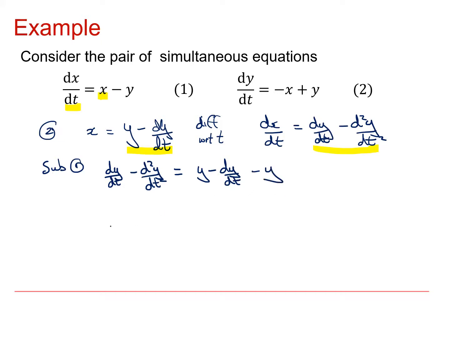And if we rearrange that now, I'm going to get d2y by dt squared minus 2 dy by dt is equal to 0. And so now I've got a second order differential equation in y and t only.